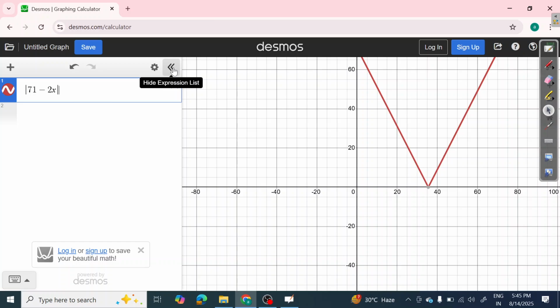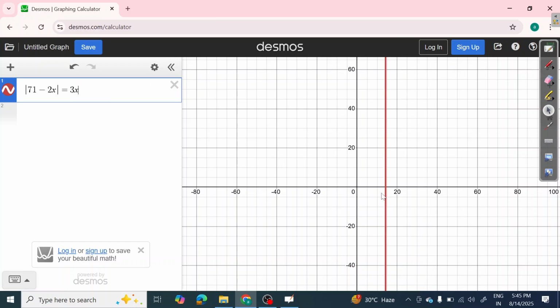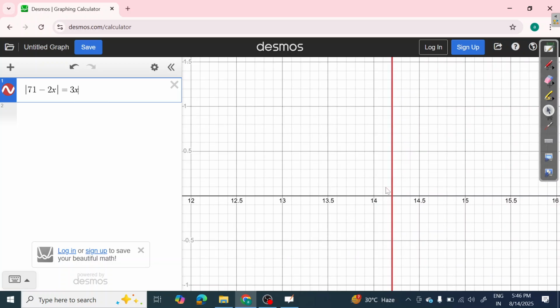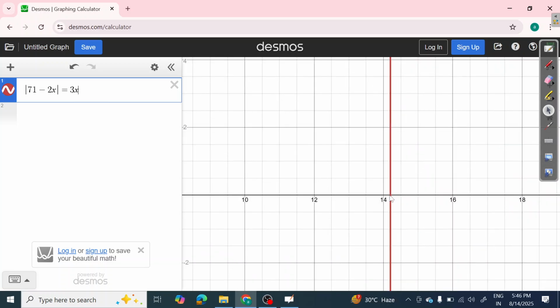Okay, if I write equal to 3x, you're getting a line, but this point is not clickable, right? This might be a decimal value. Of course, it is a decimal value, but it is not readable. That's why always remember to break down your equation.